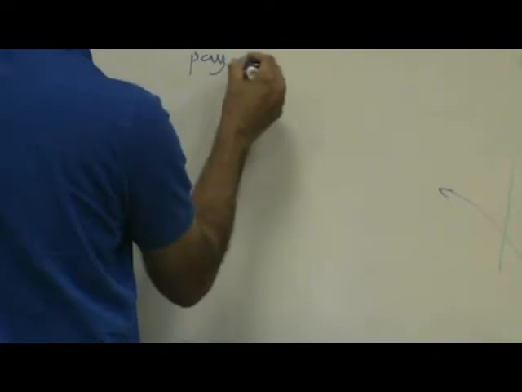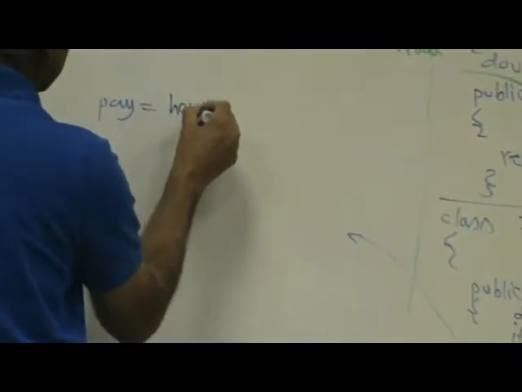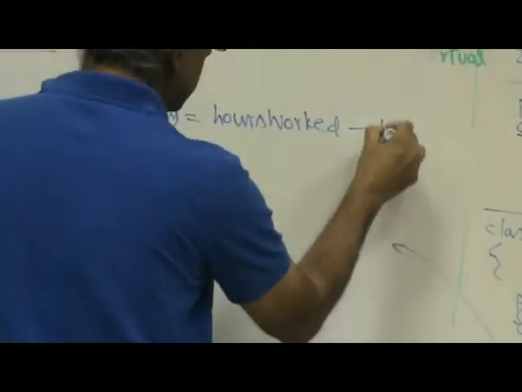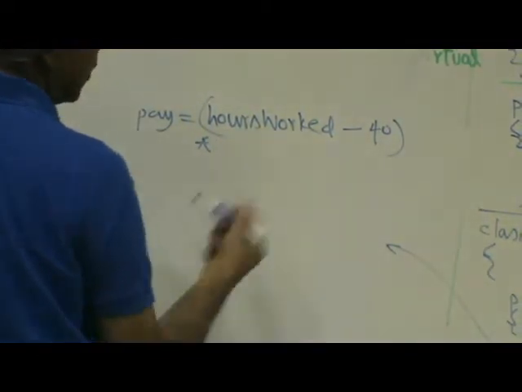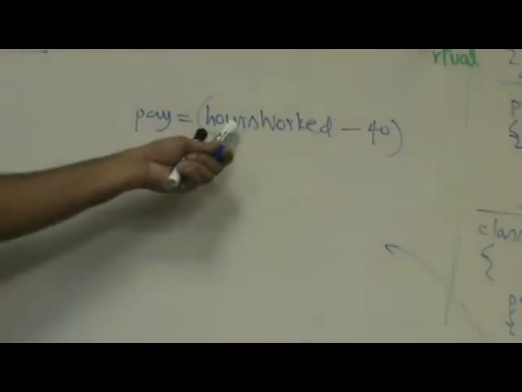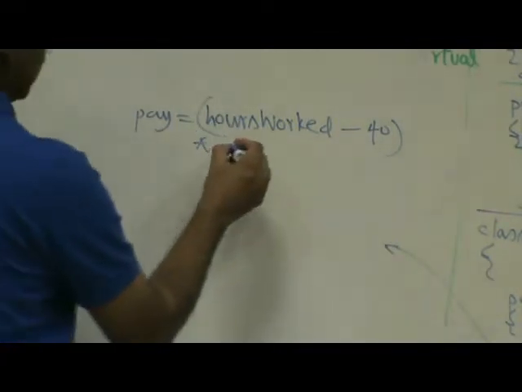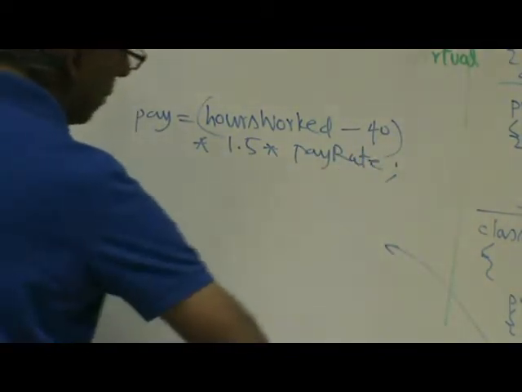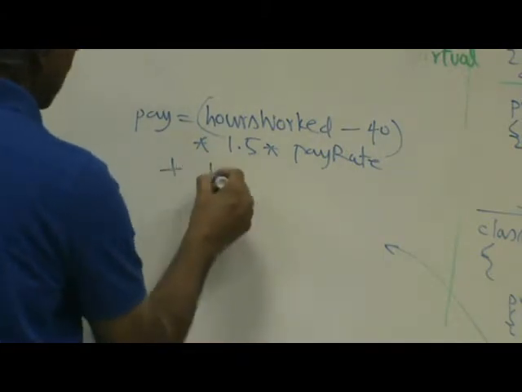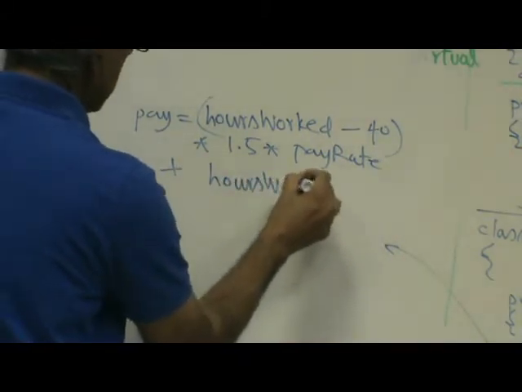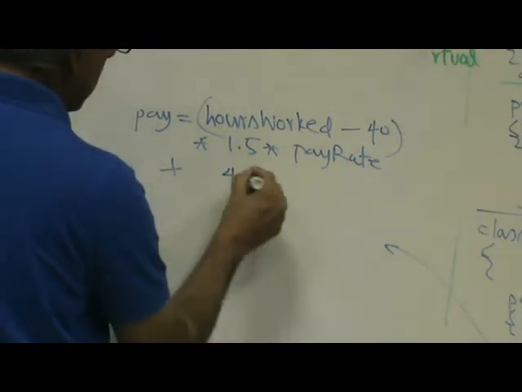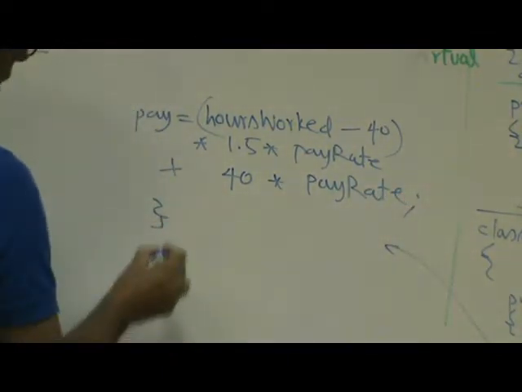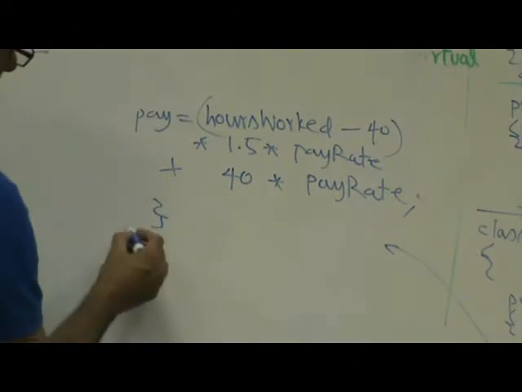Else, pay will be equal to hoursWorked minus 40. So if somebody worked 50 hours, right? So this will be 10 times 1.5 times payRate, correct? Plus, sorry, 40 times payRate. Okay, so anyway, that's the end of the method, end of the class.